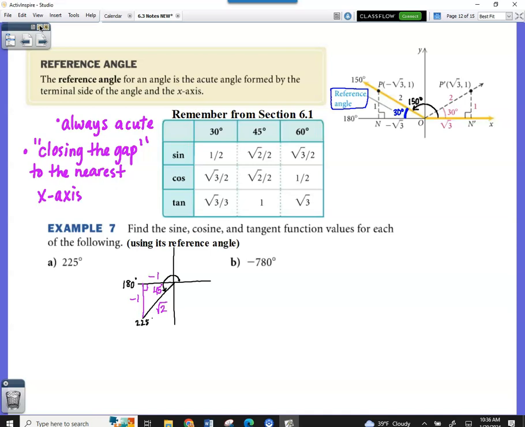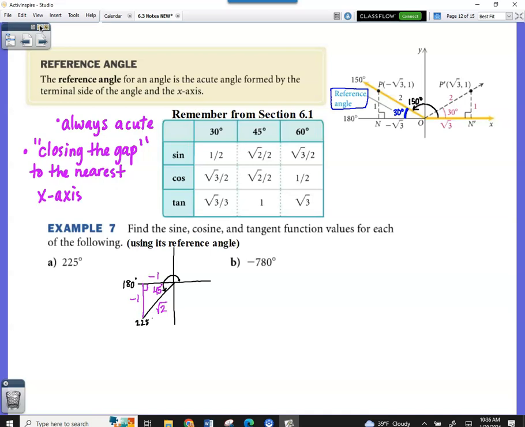Negative 780 is super, super beyond 0 to 360. So how do I get it back? Add 360. So if I add 360, I get negative 420. Do it again. I get negative 60. Do it again. I get 300.